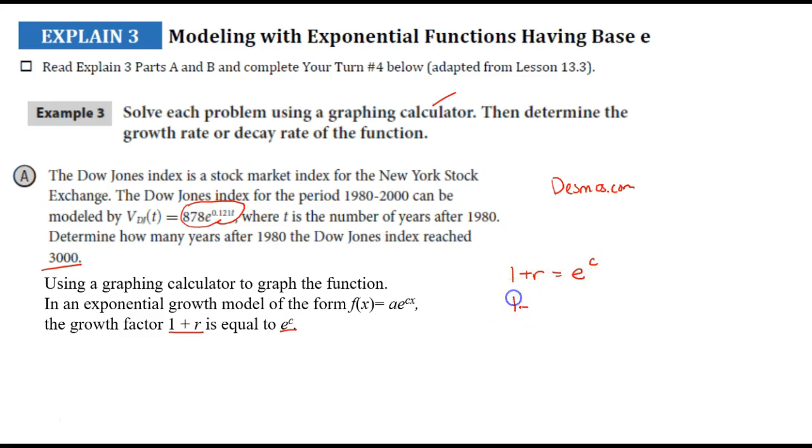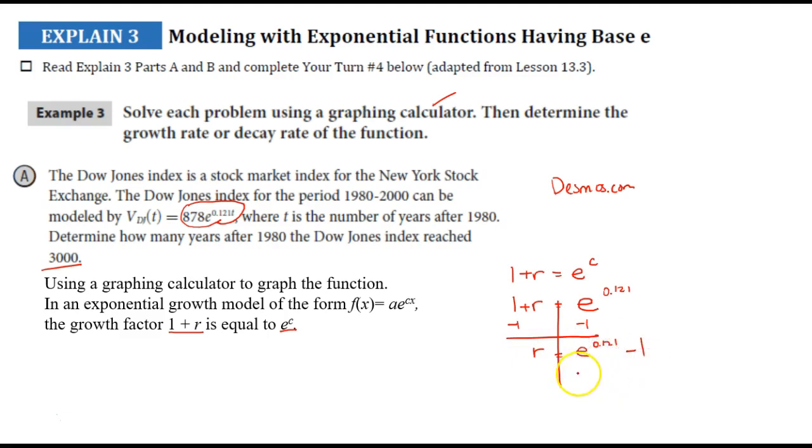So that'd be 1 plus r, and in this case that'd be e to the 0.121. And I'm going to go ahead and solve this out for r. So what's being added to r? A 1, right? What's the opposite of adding? Subtracting.